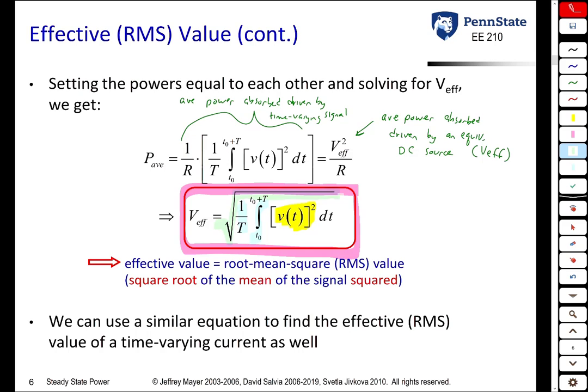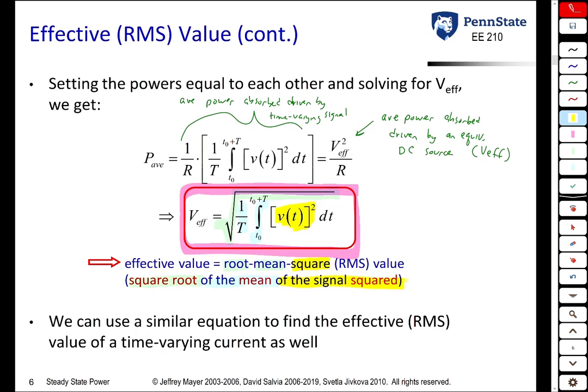We call this the root mean square value because we're taking the square root of the average, or the mean, of the square value. Once again, we're taking the square root of the mean of the square of the signal.